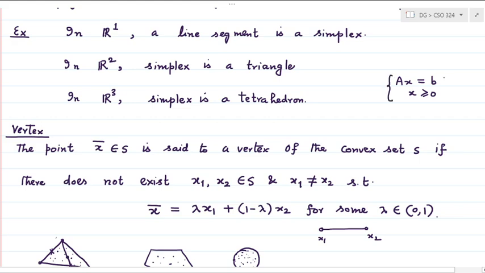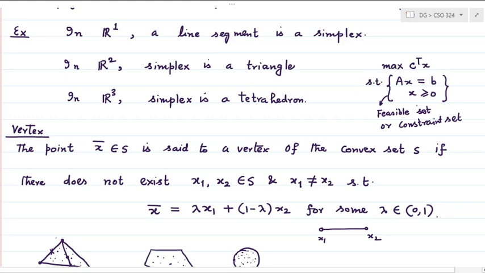We notice that this set of all points x such that Ax equals b and x greater than or equal to 0, this set is called a feasible set, and this is also called the constraint set of the LPP, which is stated as maximization of C transpose X subject to this.